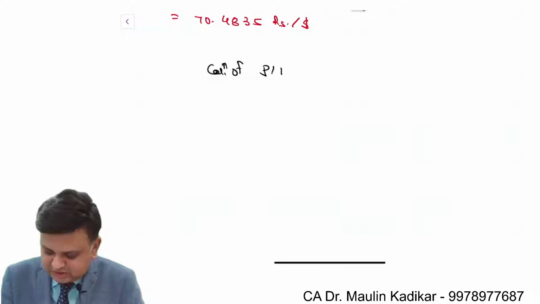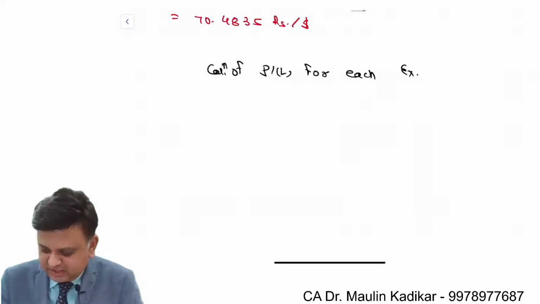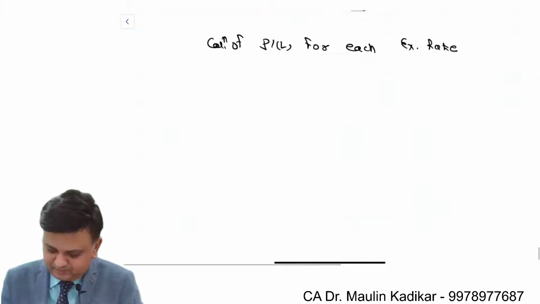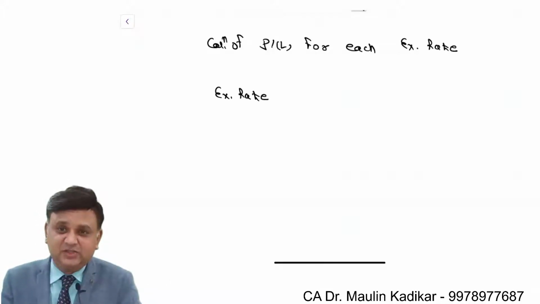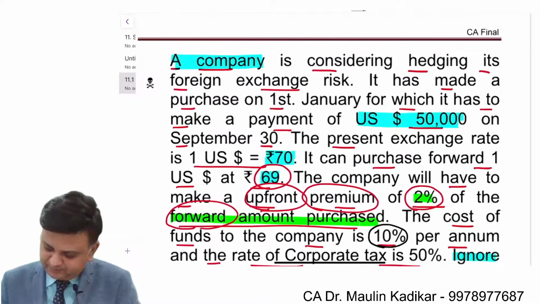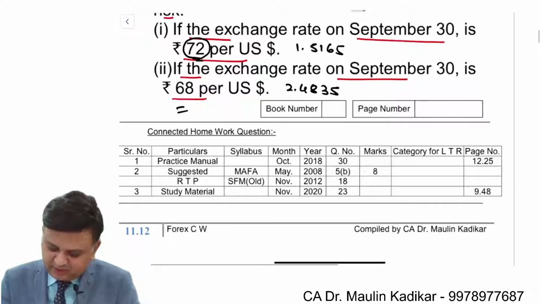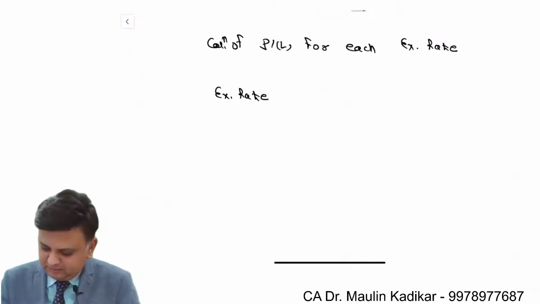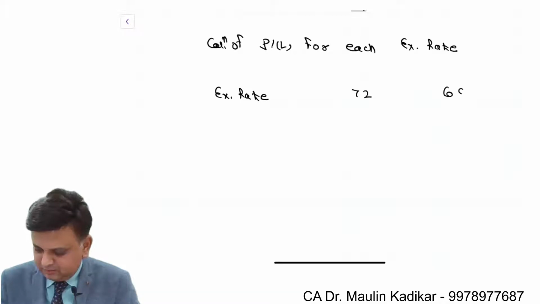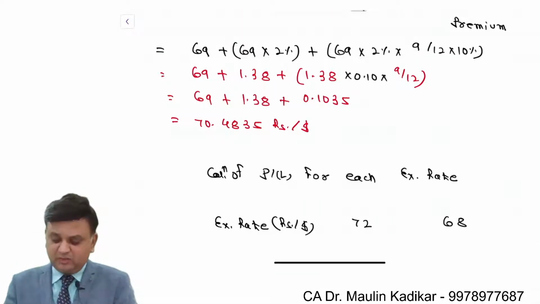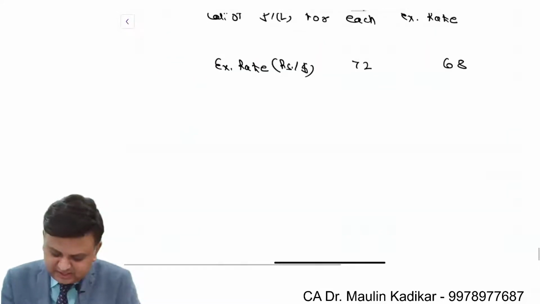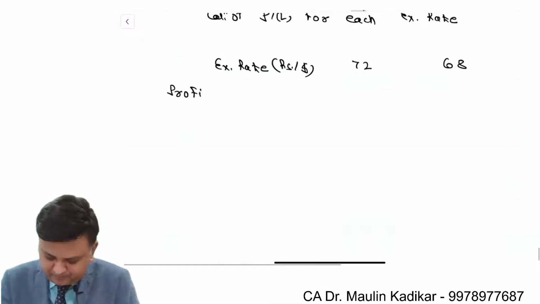Calculation of the profit or loss for each exchange rate. There are two exchange rates provided to us. It is 72 and 68. We understand that 72 is higher than 70.4835. So in that case, there is a profit. Why?